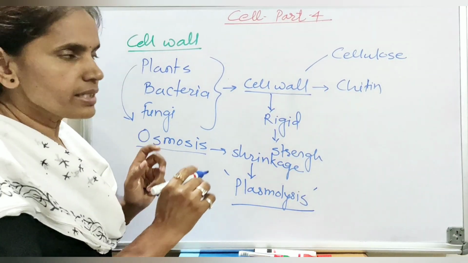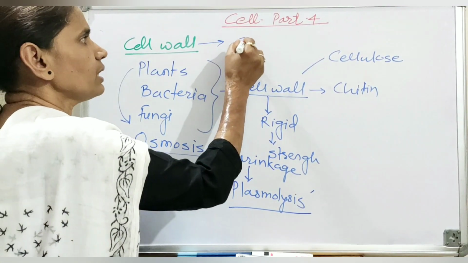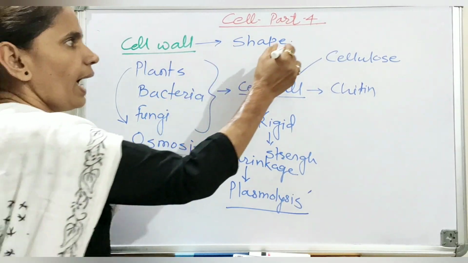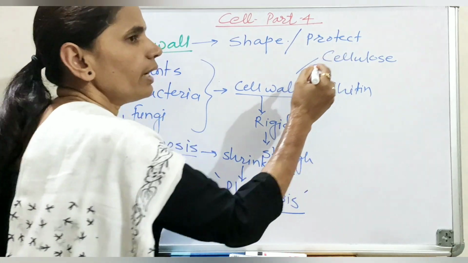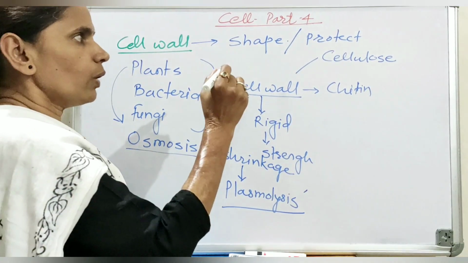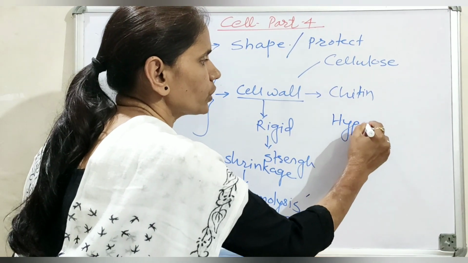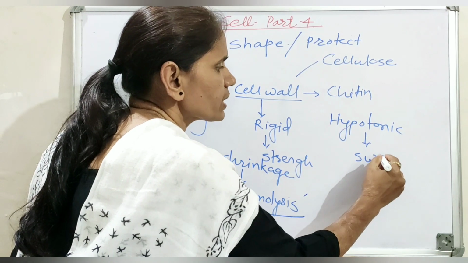The cell wall, as it is a rigid structure, gives strength and is responsible for the particular shape of the cell, as well as protecting the cell from external environmental effects. Now when the cells are immersed in a hypotonic solution, there is swelling of the cell.